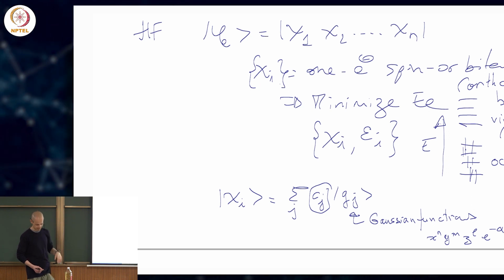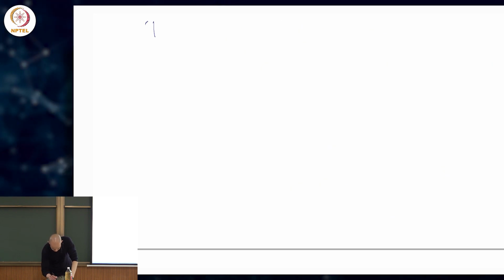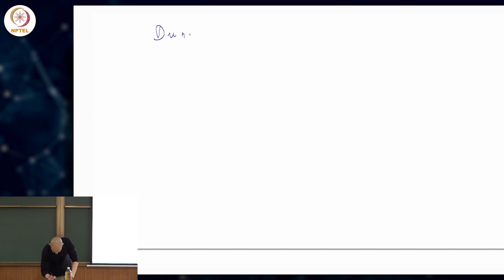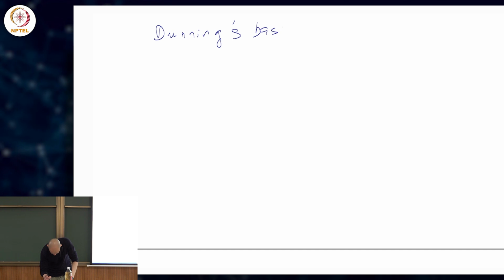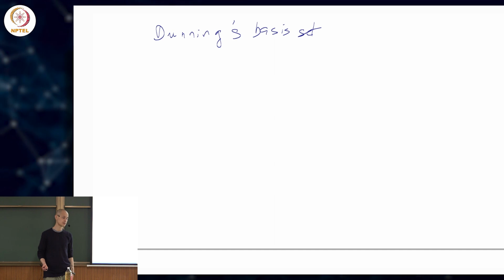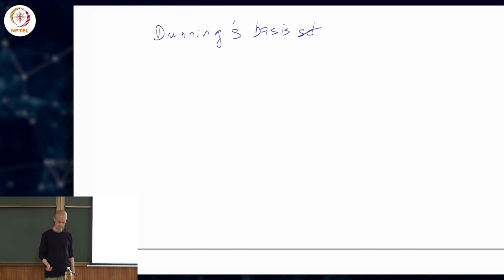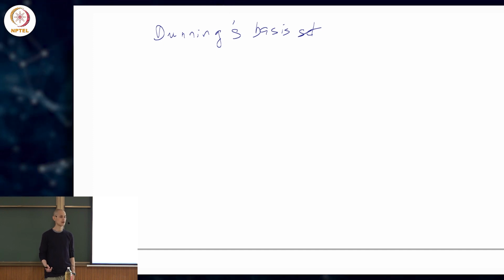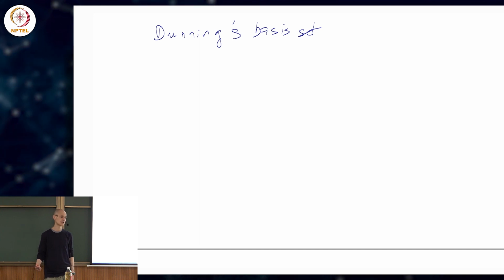For example, there is a kind of basis set that we call Dunning, because Dunning was the person that optimized those parameters. So they optimized those exponents and chose the n, l, m and so on for us.